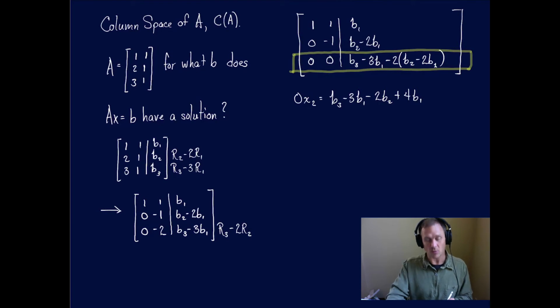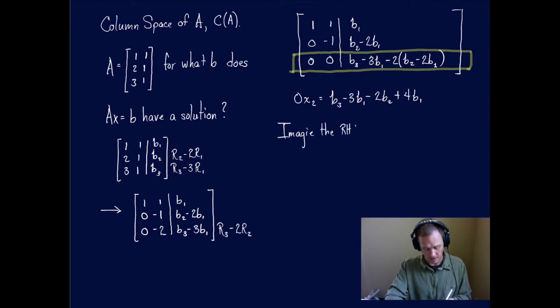Now wait a minute. If this right-hand side is a number like 5, let's just imagine. Imagine the right-hand side is 5. Then what do I have? Well, then now I have the problem of 0 times x2 has to be 5.